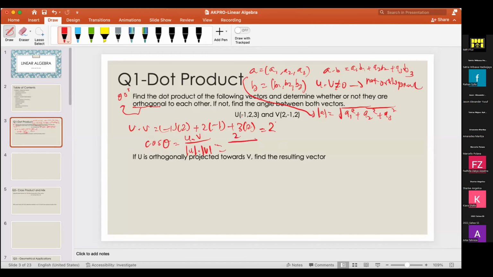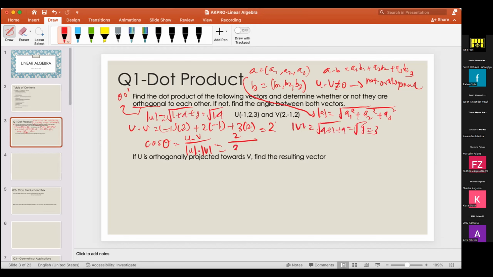2 over the norms, let's calculate norm U. This will be 1 plus 4 plus 9, that's root 14. This norm V is root 4 plus 1 plus 4, that's root 9, which is 3.